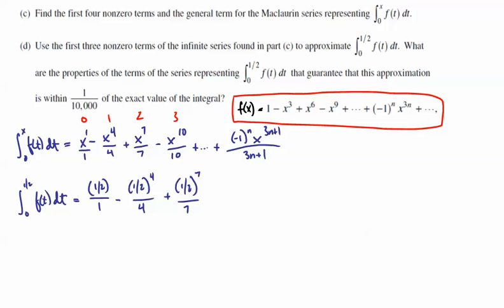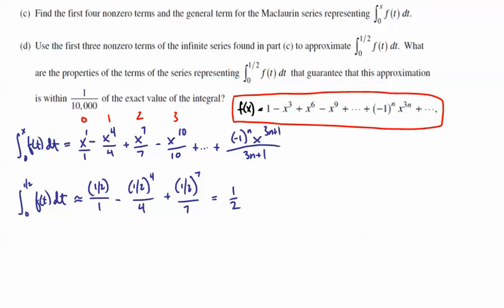And we're going to leave it at that. So actually the best way to do this is to say that the integral is approximately equal to those three terms there. And so let's see what those three terms are going to be.